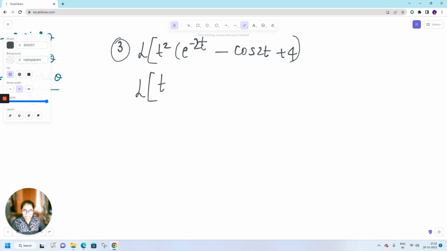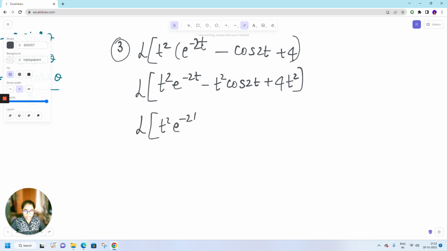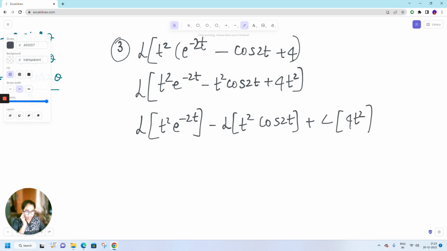First, let me multiply t square with each term: t square e power minus 2t minus t square cos 2t plus 4t square. Now let me apply Laplace to each term: Laplace of t square e power minus 2t minus Laplace of t square cos 2t plus Laplace of 4t square.